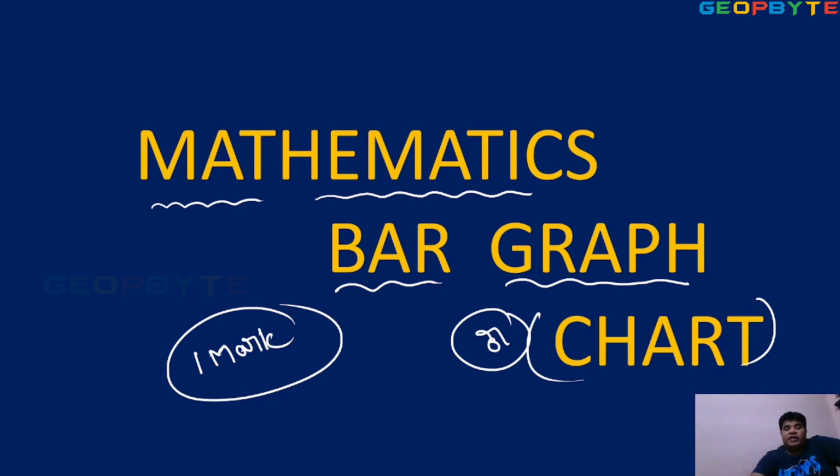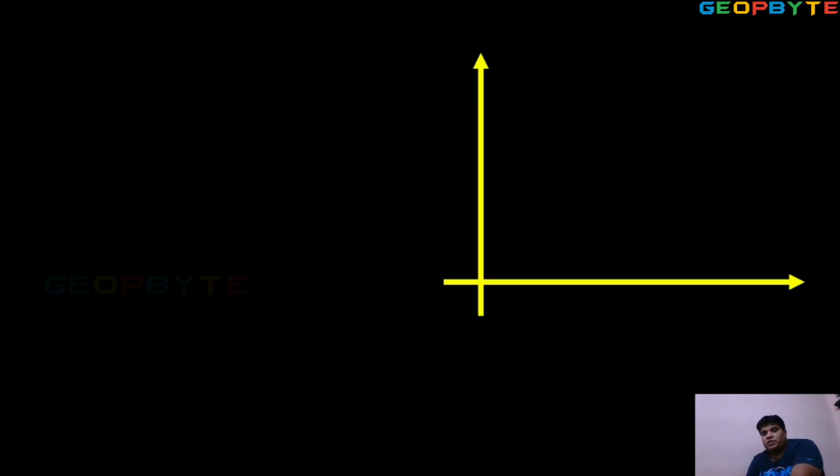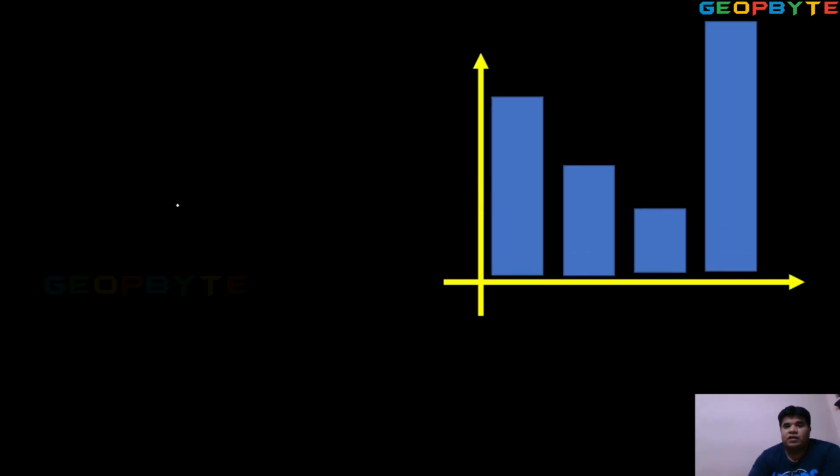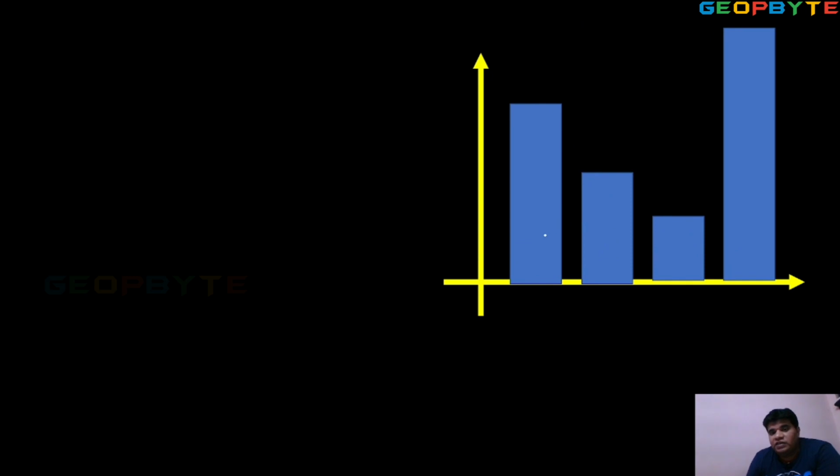Okay, look here. Bar graphs are actually a representation with histograms. Histograms consist of rectangle-shaped boxes, like this.